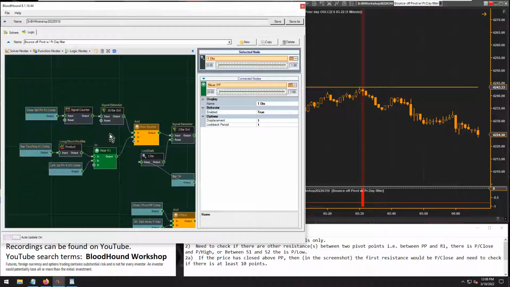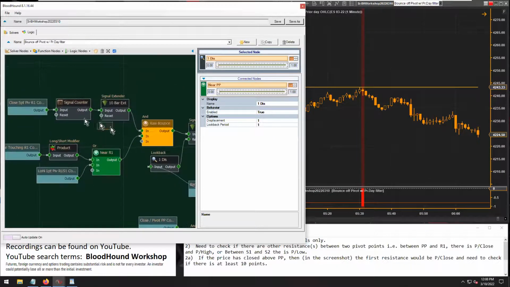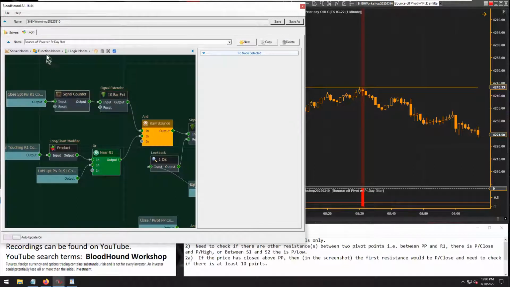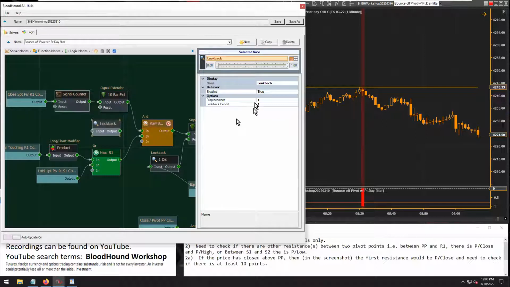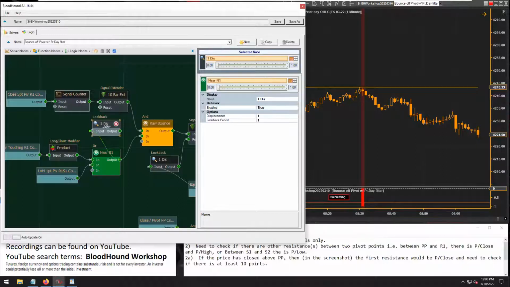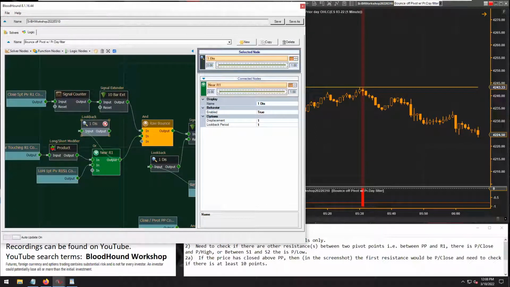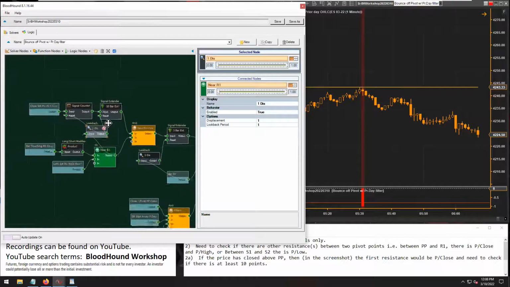Right, so up here we should drop in a look back node. Here we go. So we'll connect that in, connect the OR node into the look back node, and then connect the look back into the resets here and reset the signal counter and the signal extender up above here.